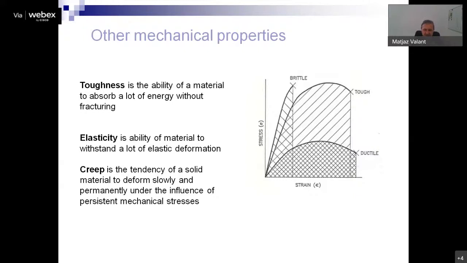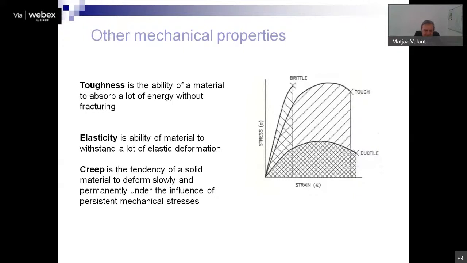Ductility is the ability to withstand a lot of plastic deformation, while toughness is the ability to absorb a lot of energy. So tough materials are not necessarily ductile. So we talked about elasticity: the bonds in elastic materials are not so strong, are weaker, and that allows for a lot of elastic deformation before the plastic deformation happens or before the fracture happens.